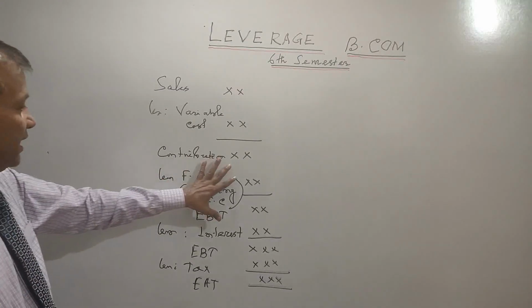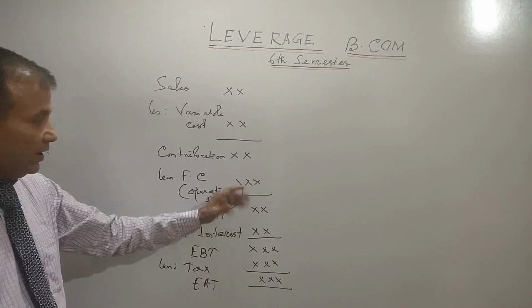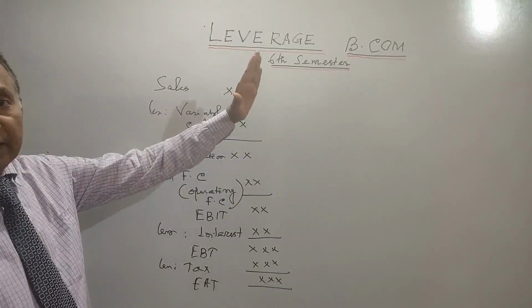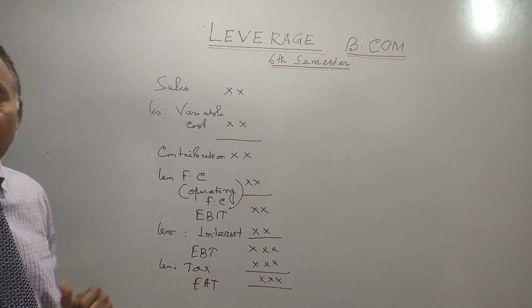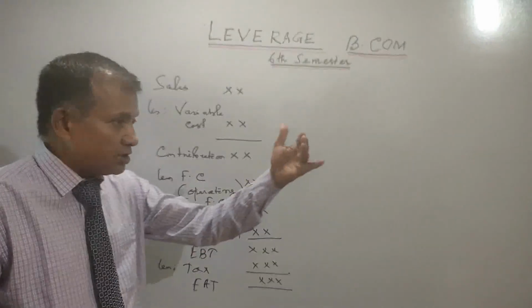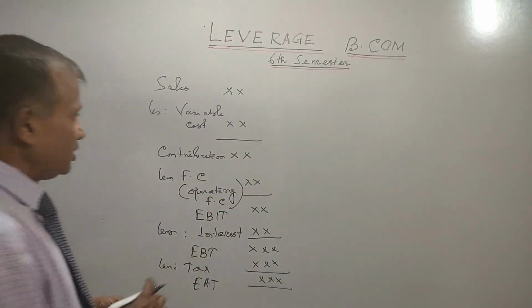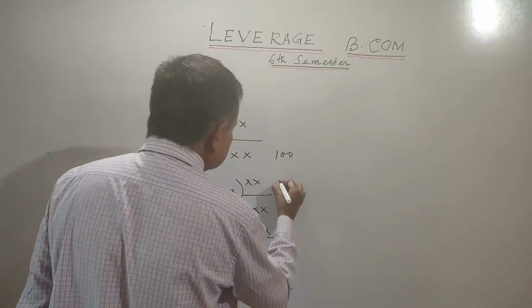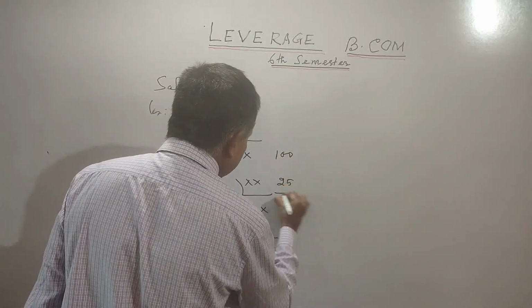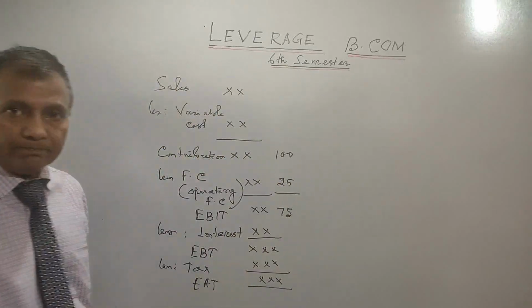Now we are seeing this is contribution, this is fixed cost. If fixed cost is high, then definitely EBIT will come down. If fixed cost is low, then EBIT will be more. Suppose this contribution is 100, fixed cost is 25, and EBIT will be 75.